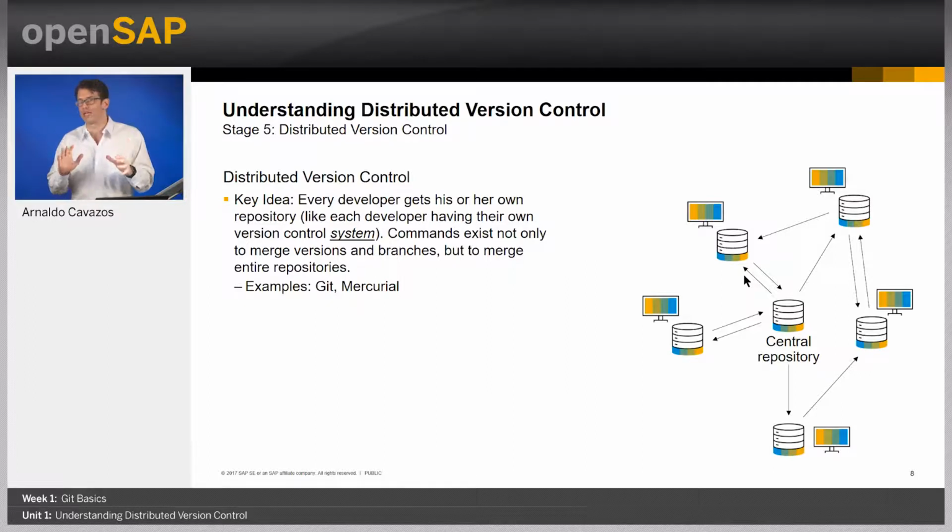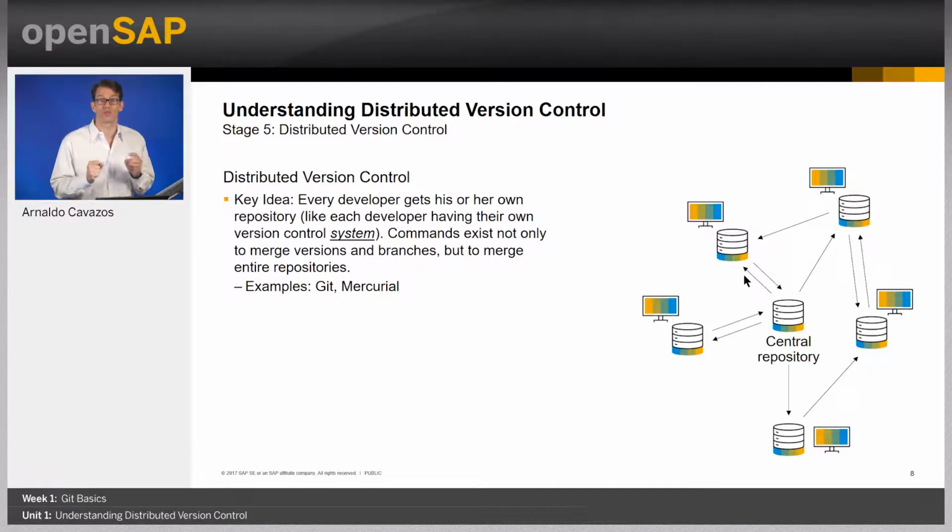What if, instead of everyone having access to one source code repository, every single developer gets their own individual source code repository, their own version database? If you've never worked with distributed version control before, that idea can be a little mind-blowing.